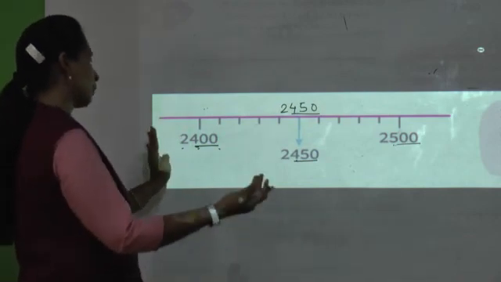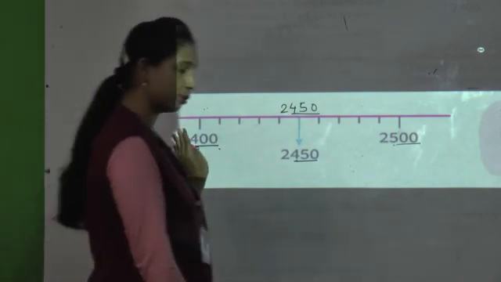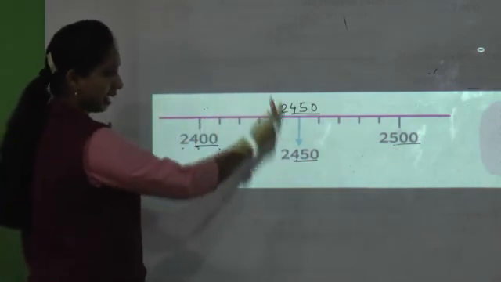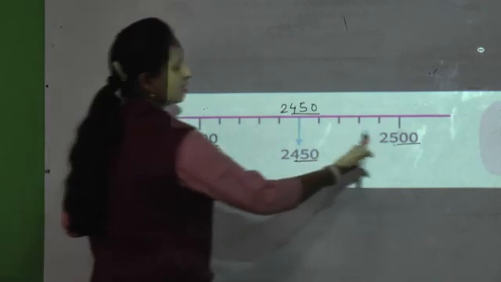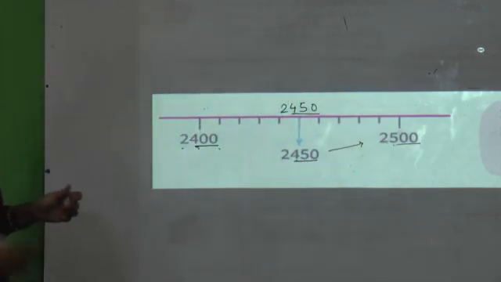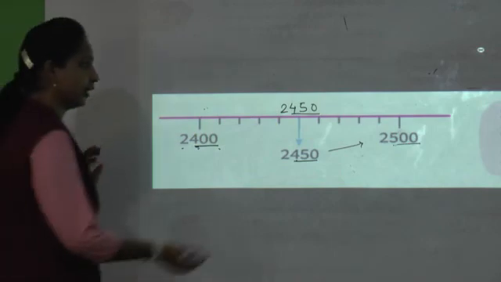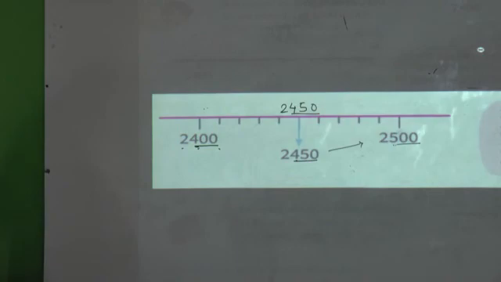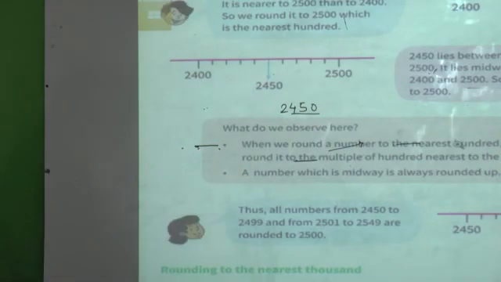It lies between 2400 and 2500. But when it comes to midway, it is nearest to 2500 only. So we round it to 2500. Understood? Clear? We'll move to the next.